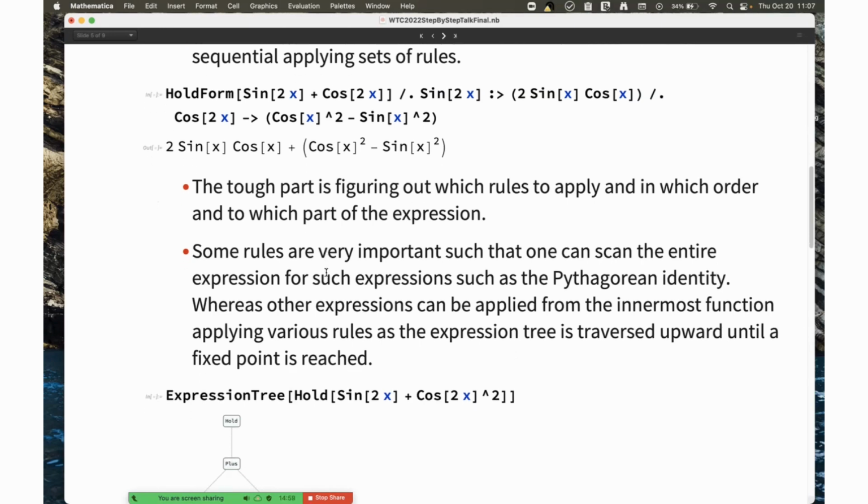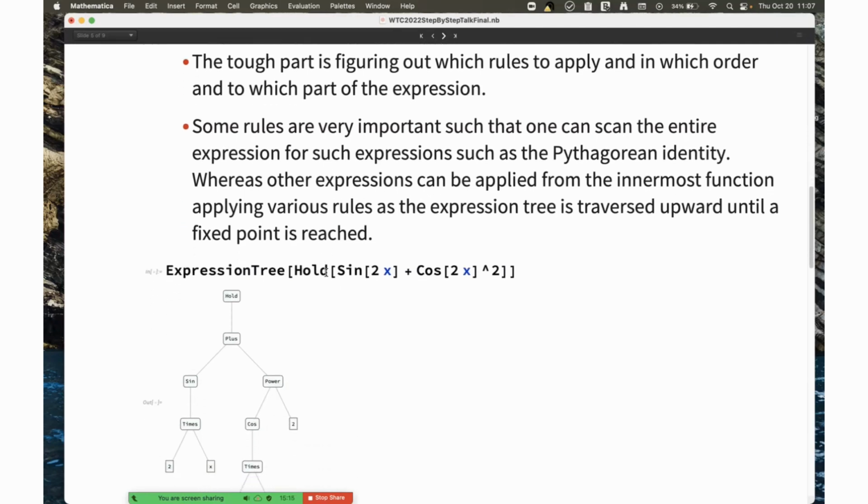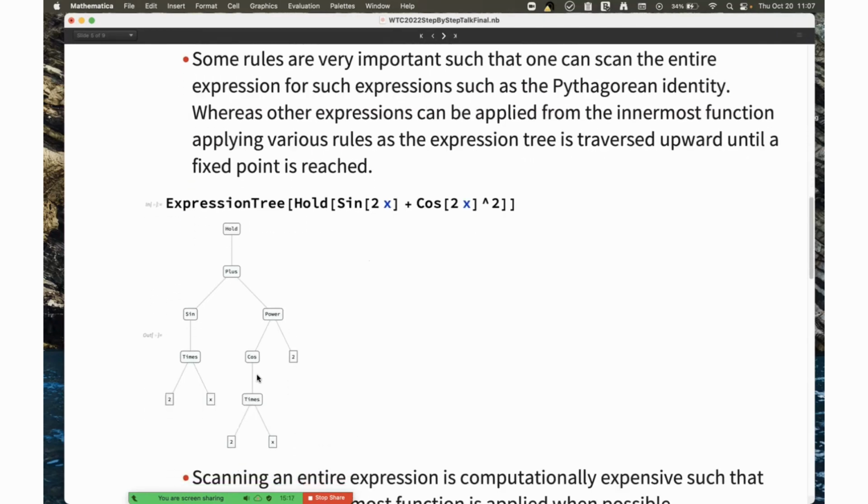You can think about this from the viewpoint of looking at the entire expression and working inwards, and also from a viewpoint of building up. One way of thinking about this would be as an expression tree. When you're applying rules here, you could start from these leaf nodes.